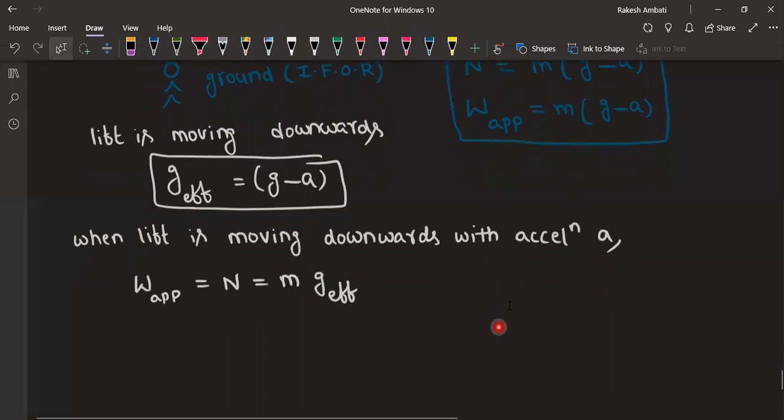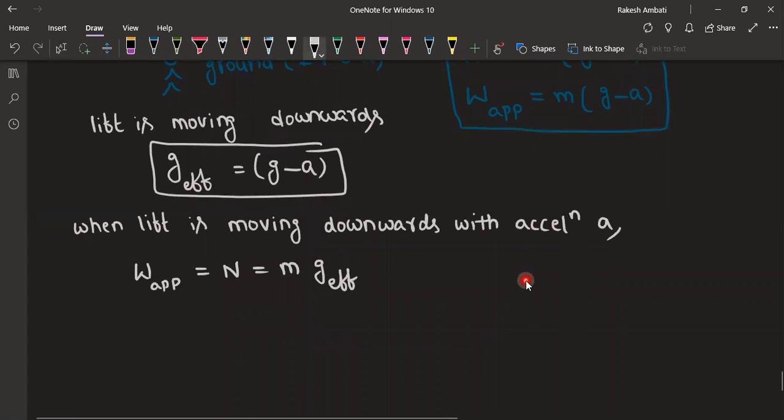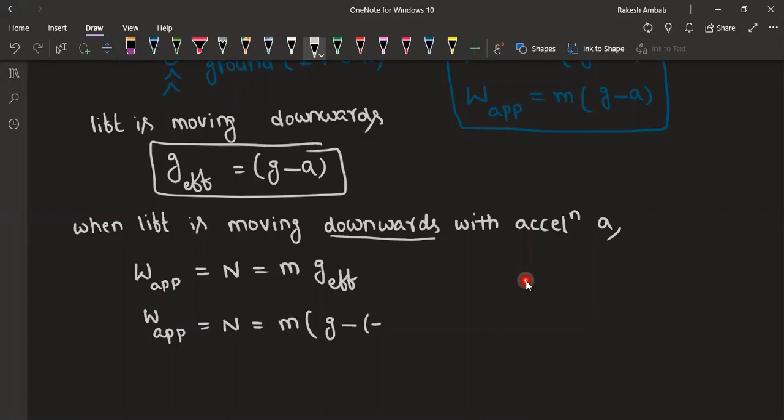The g effective formula is g minus a, and in the place of a I am writing plus a because the lift is accelerating.